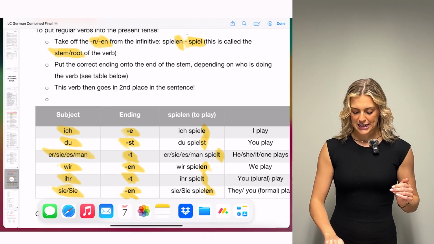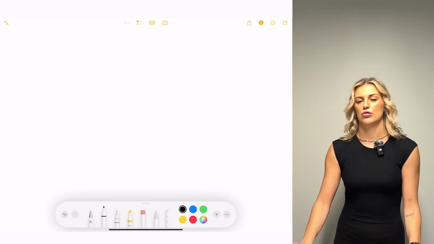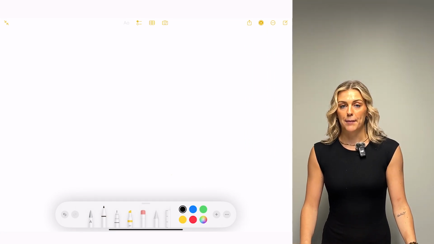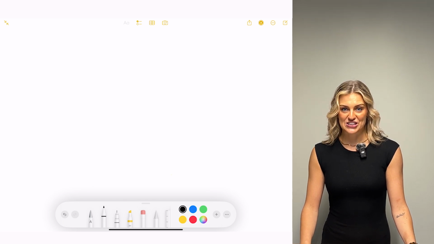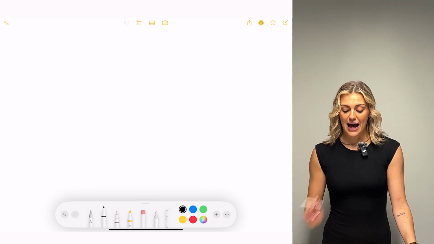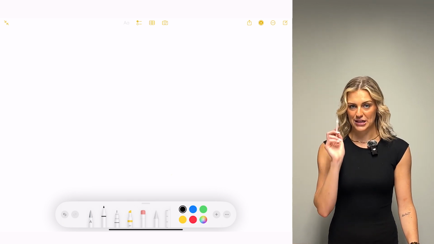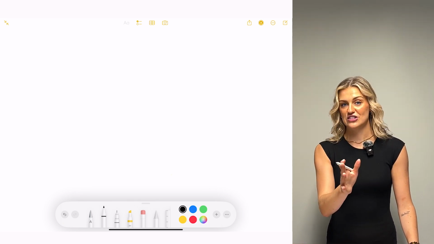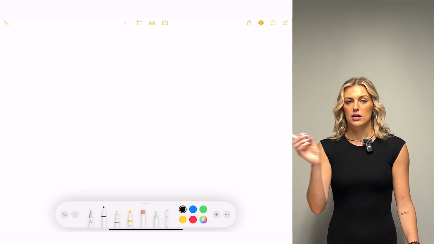I actually saw a really helpful trick in a great junior cycle book by Präsens, Gefällt mir, which I really like to use with my junior cycle classes. And the writer had a great tip in there for remembering the ending. So if you find it too difficult to remember, okay, ich is e, du is st, sie, es, man is t.